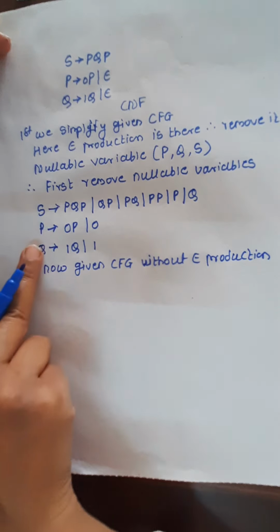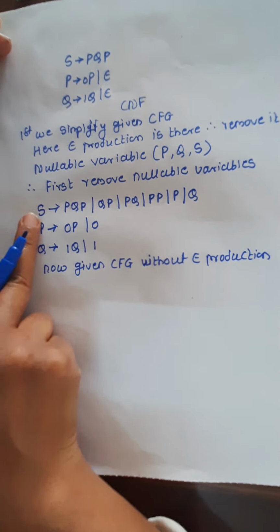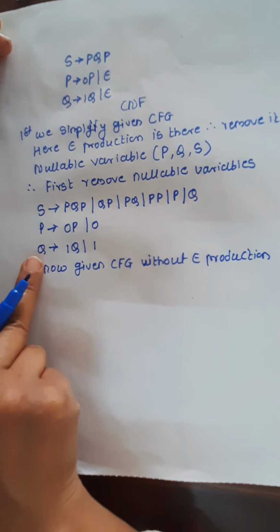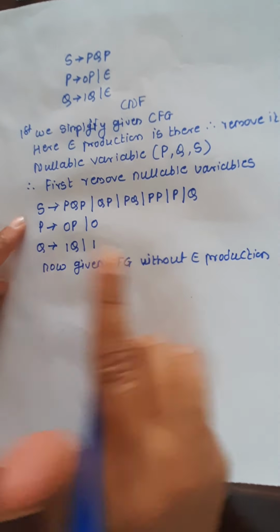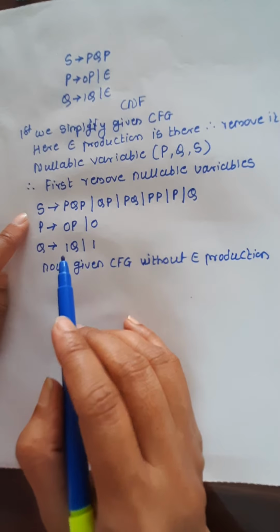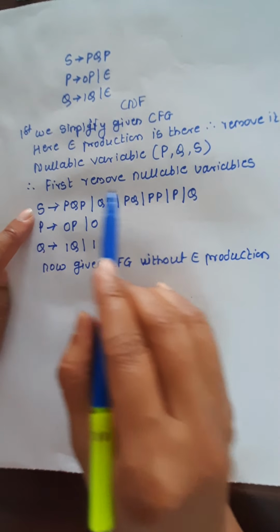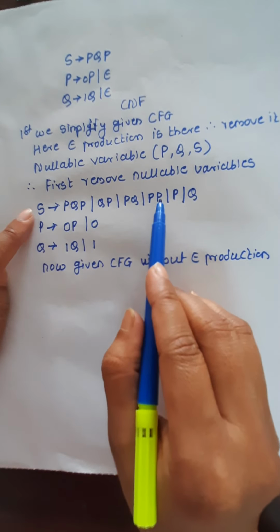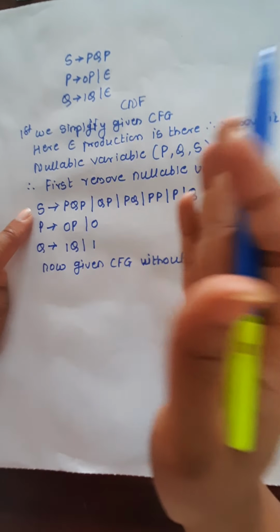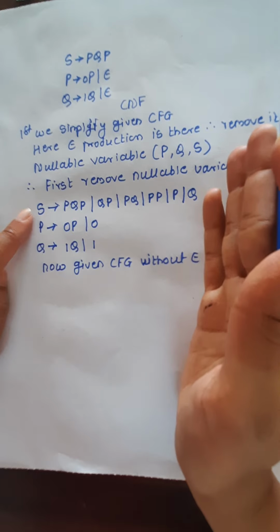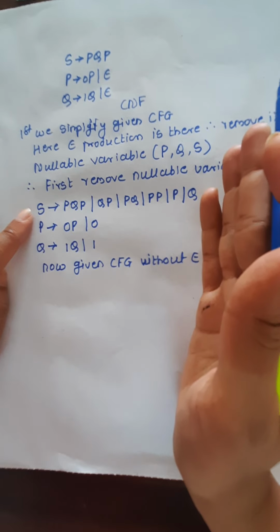So after removing the epsilon production, what I see here, everyone look at the given grammar. I see the given grammar has a unit production. Unit production means what? A single non-terminal generates a single non-terminal. Meaning on the LHS there is only one non-terminal and on the RHS there is only one non-terminal. That is called a unit production.